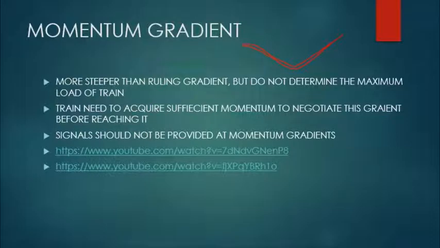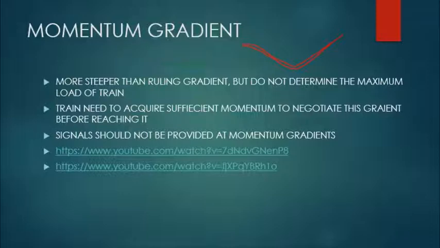This rising gradient is called a momentum gradient, and in such cases a steeper grade than the rolling gradient can be adopted. The one main thing that should be remembered while providing this momentum gradient is that signals should not be provided at these gradients.